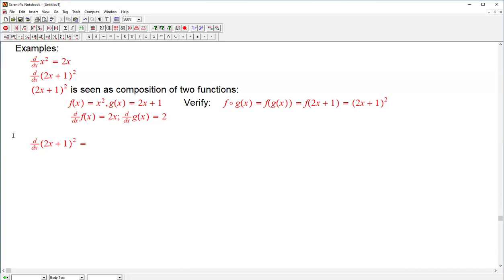So now, when we come back to find the derivative of (2x plus 1) squared, we take the 2x, right? 2x is the derivative of x squared. But now we have (2x plus 1) squared.